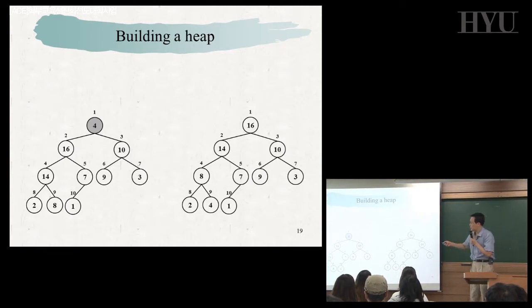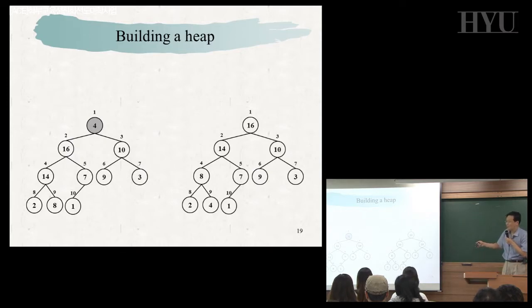Okay, first 16. So what's next? 14? 8, yes. This key floats down along this path. So this is the result.